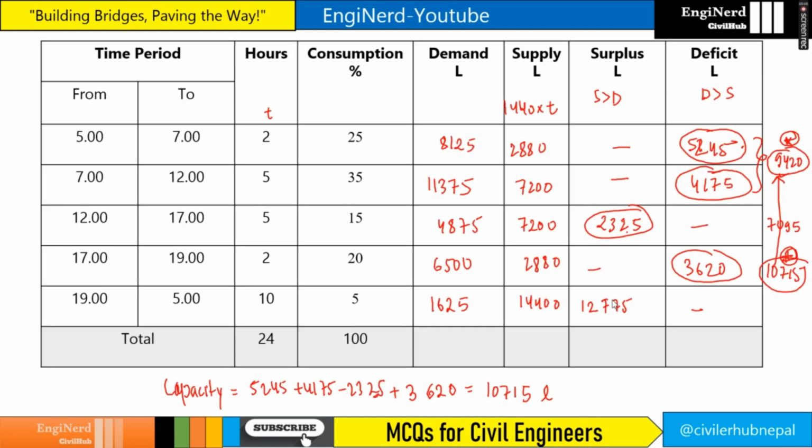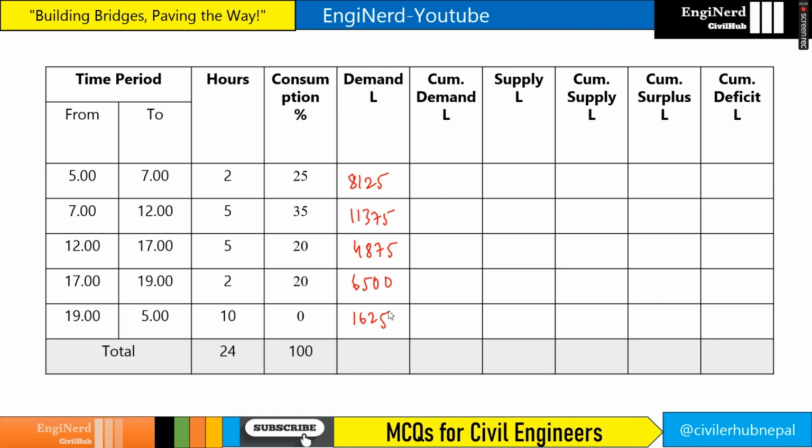So let's do this in a different method. So demand, let's copy demand. Demand is 8125. Now let's find the cumulative demand. The first one is 8125 itself. The second one is 8125 plus 11375, so it will be 19500, and again adding 4875, it will be 24375, and again adding 6500, it will be 30875, and again adding 1625, it will be 32500.